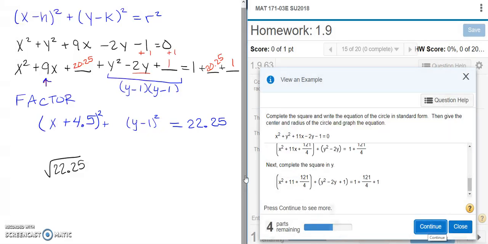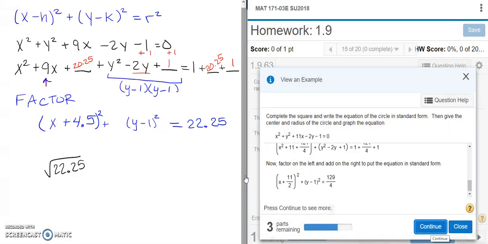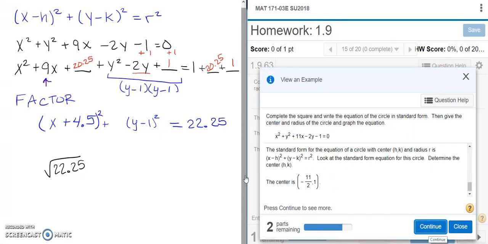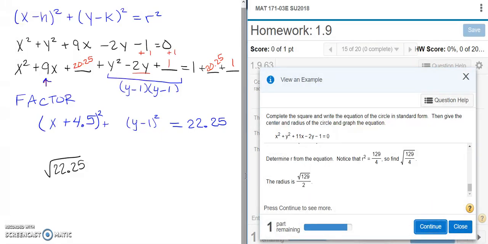And it's not that we don't know how to do this. Sometimes the issue is we don't know what format MyMathLab is looking for. If you scroll down to where it's talking about getting the radius, they want you to write that radius squared as a fraction and then square root it. So that's kind of our issue.